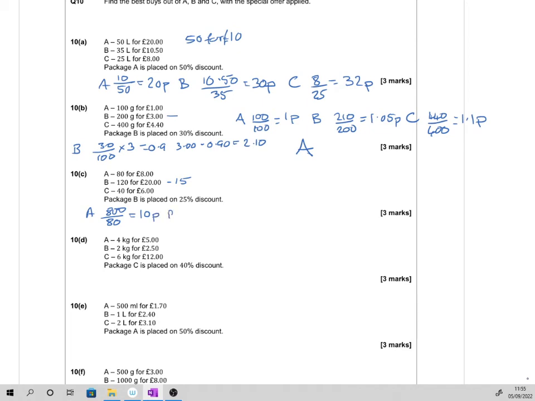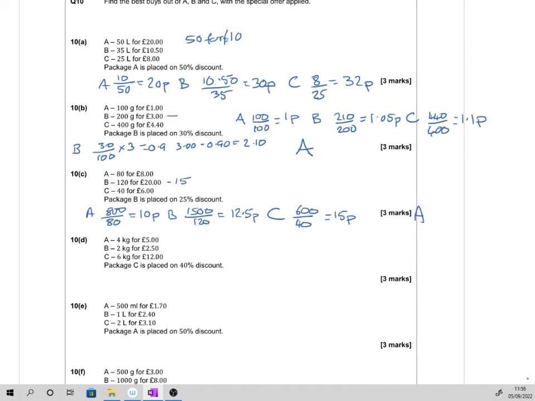Package B is 1500 divided by 120, which is 12.5p. And package C is 600 divided by 40, which is 15p. So the best one there is A.